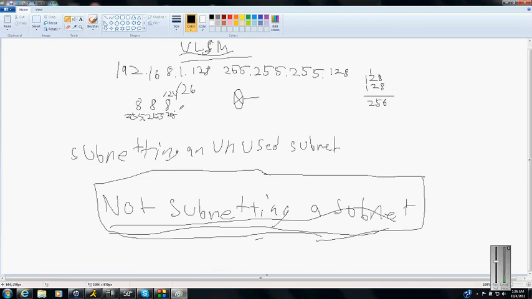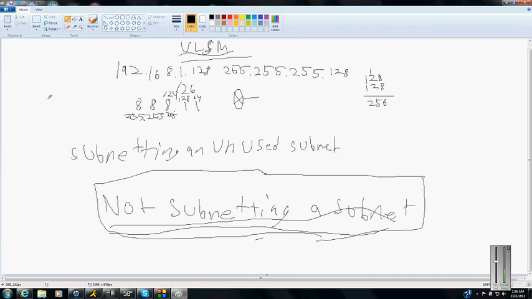Now, this is the 25th bit, this is the 26th bit. Our binary placeholders are 128 and 64. So that means we're incrementing by 64.